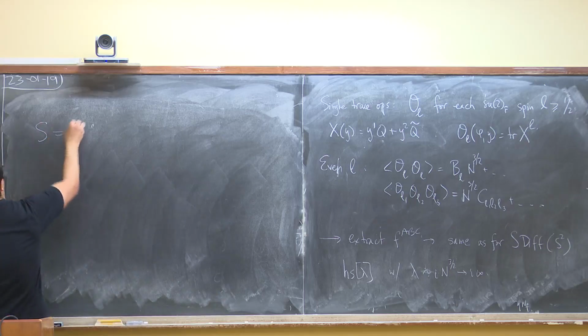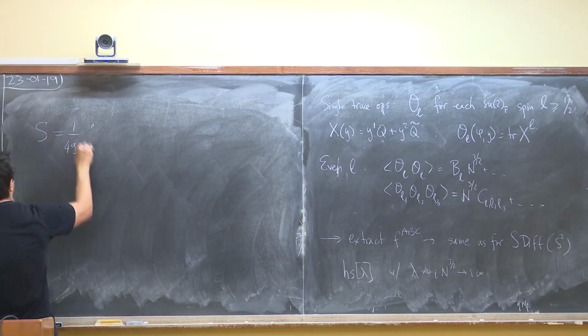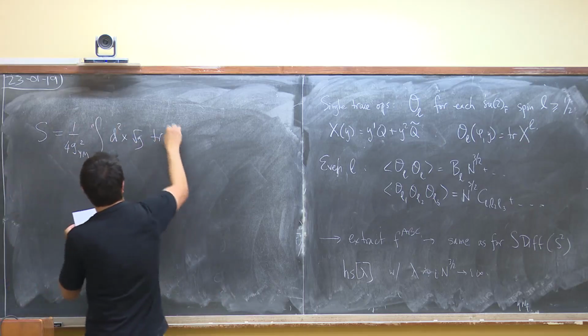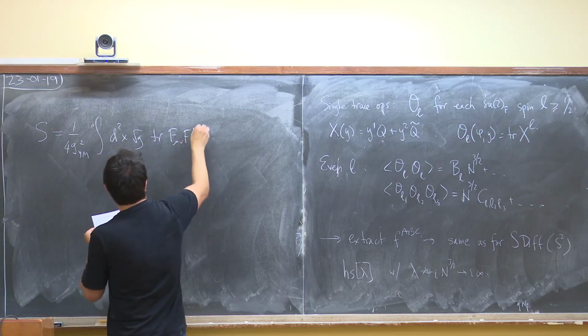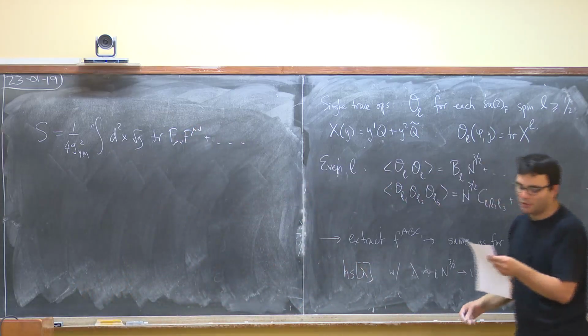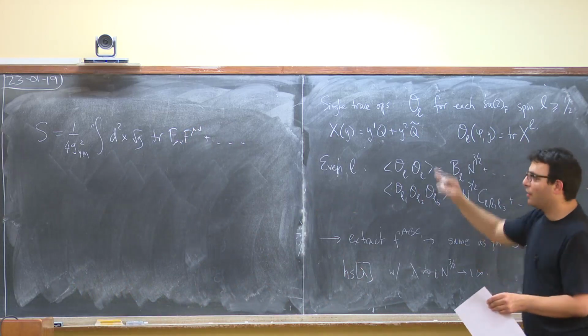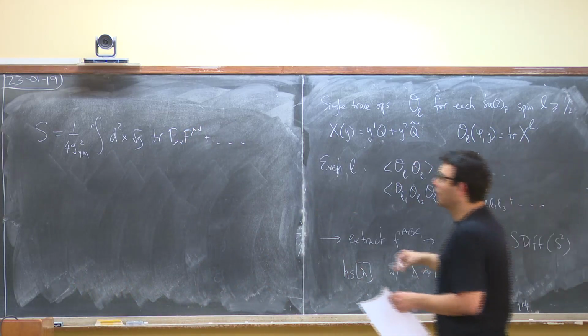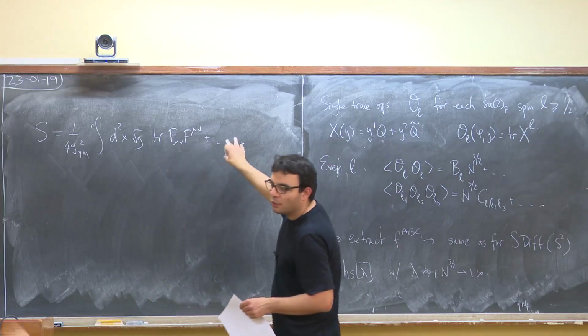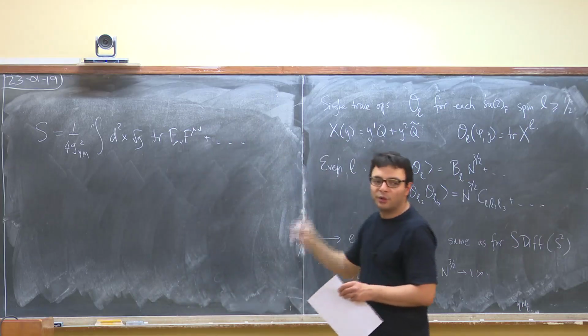So S in the bulk is 1/4 g Yang-Mills squared, integral d2x square root of g trace F mu nu squared, plus higher order terms. In this case, it's very complicated because the algebra is infinite dimensional, so we couldn't go very far in the derivative expansion here. I think we know this term, and we know some combination of the quartic terms, but we didn't go farther than that.